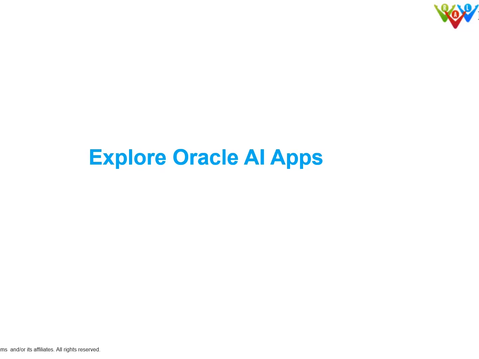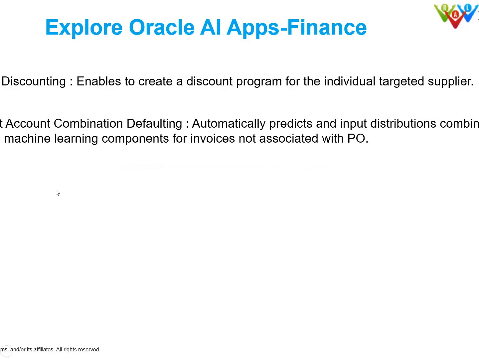If I talk about finance, the first key functionality where Oracle Adaptive AI is enhancing features is dynamic discounting.